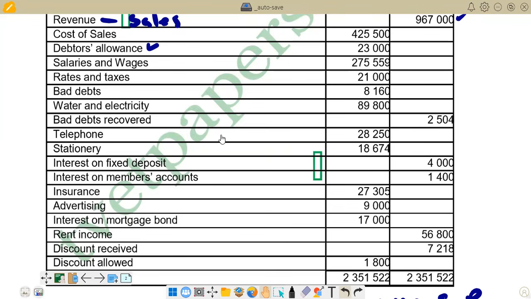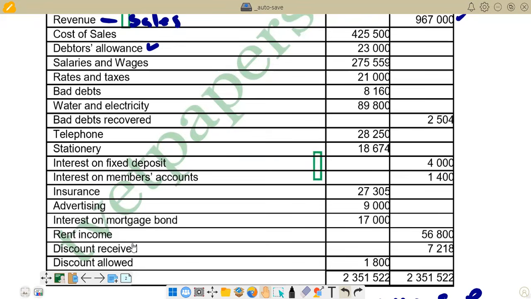This is also a receipt that we have, but this one we are going to adjust. We are not going to adjust it under other income. We are going to adjust it after operating profit. So we leave it and check other income that we have.